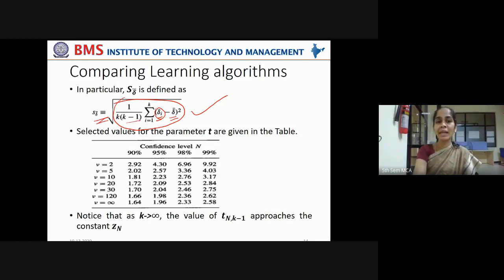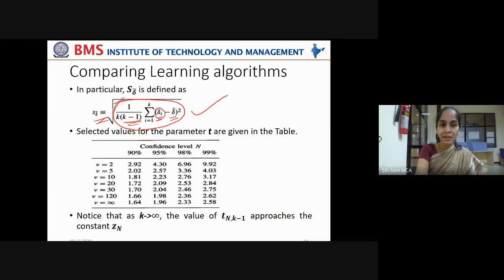But why are we taking k minus 1? Because you are preserving one partition for the test set. You're not measuring that error separately. Okay, always only 9 partitions will be taken. The error is attributed to only 9 partitions. The error can be distributed across 9 partitions randomly. That is why you are taking k minus 1.